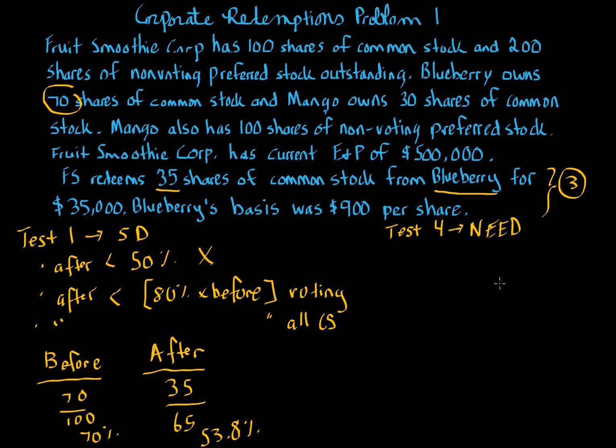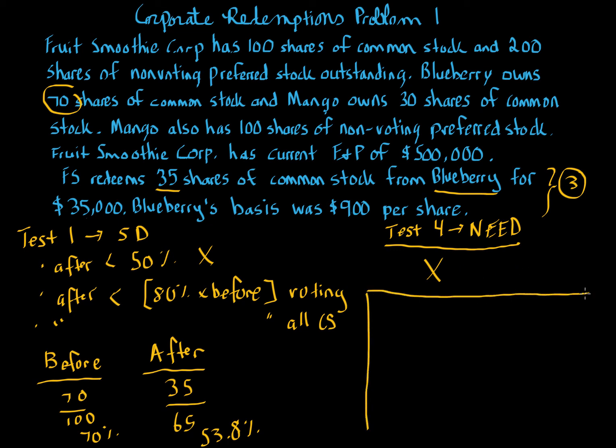Anytime the after percentage is greater than 50%, not essentially equivalent to a dividend is going to fail, simply because we have more than 50%, where we still have the ability to exert control, to exert significant influence. So this fails. We fail all 4 tests.